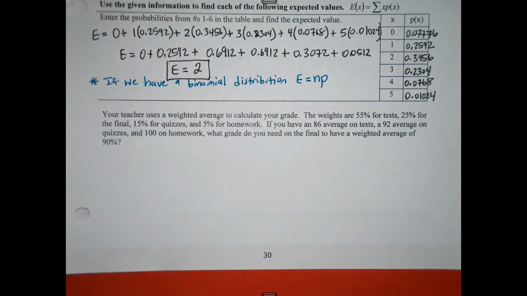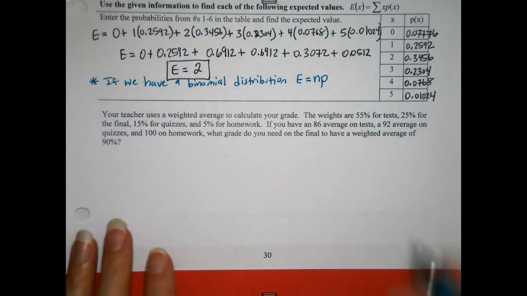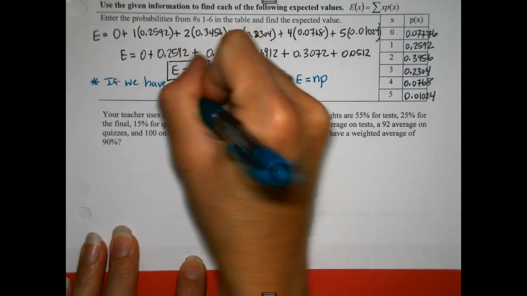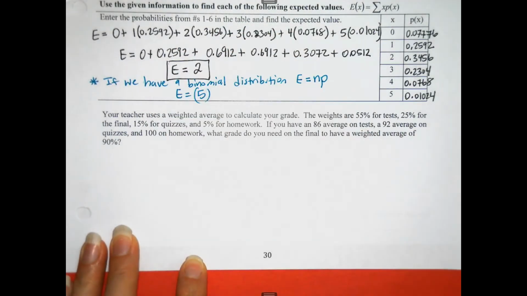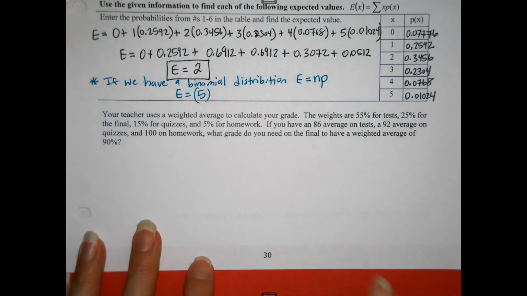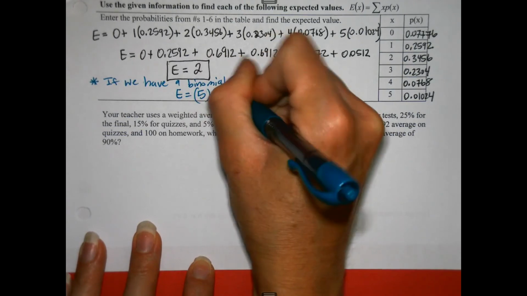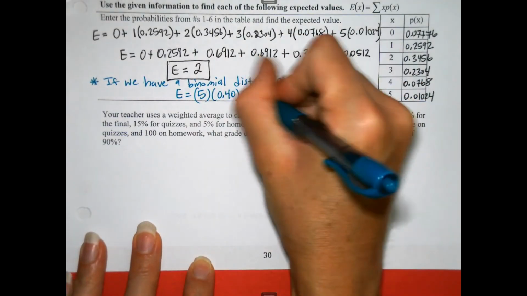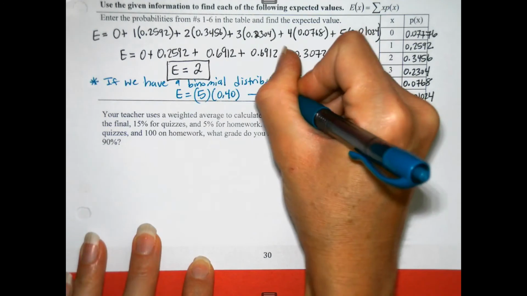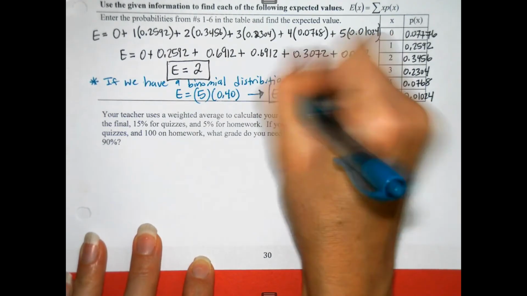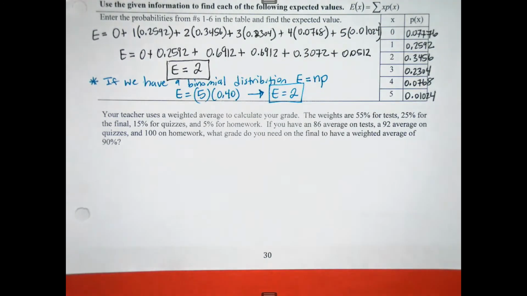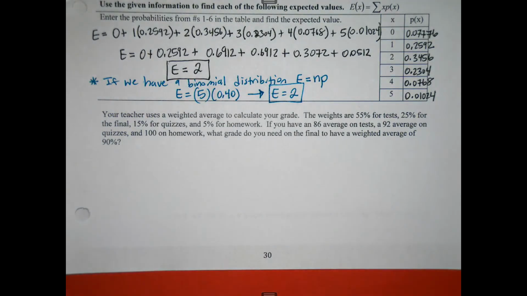In this case, our n was 5 days. And our p, our probability of success, was 0.40 or 40%. 5 times 0.40 is 2. So I wanted to go through the process of showing you that from a binomial distribution, this is where these items come from, but we can use the shortcut and make our lives easier.